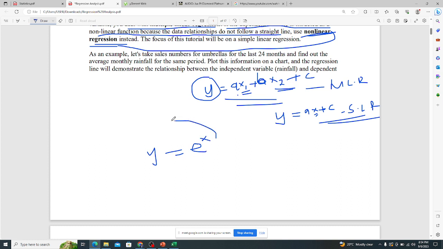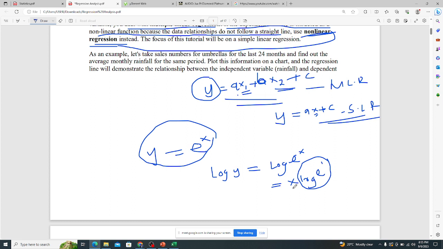To change this to linear regression, we'll have to introduce a logarithm. So it will be log y equals log of exponent of x. Definitely, this log of exponent is the same as x log of e raised to 1. So now you will treat this as your constant, and this will be our variable.